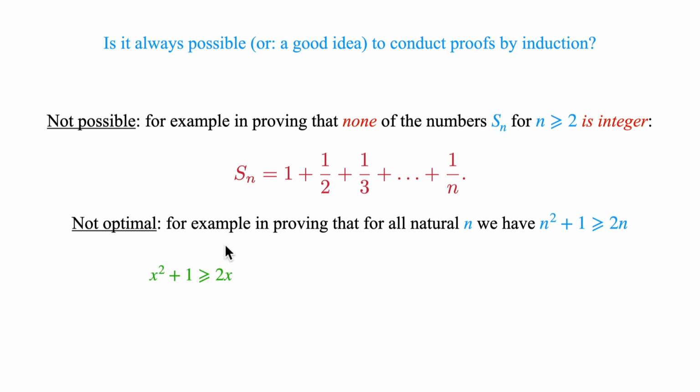But if you want to, you can prove this theorem even for real numbers instead of just natural ones, just by observing that you can rewrite this inequality in this way, and then you get an equivalent inequality which tells you that (x minus 1) squared is non-negative, which is obvious because it's a square of a real number. It is always non-negative. So in this case, choosing a proof by induction would not be such an optimal choice, but still possible.